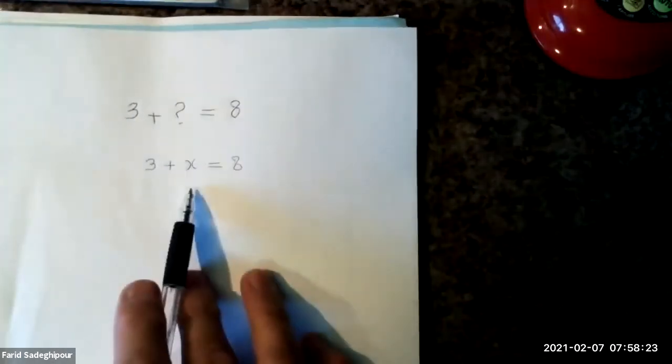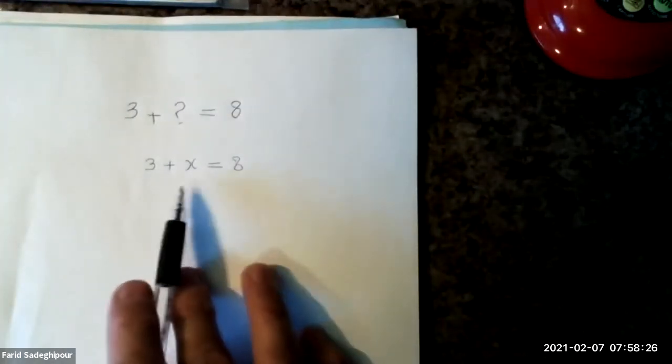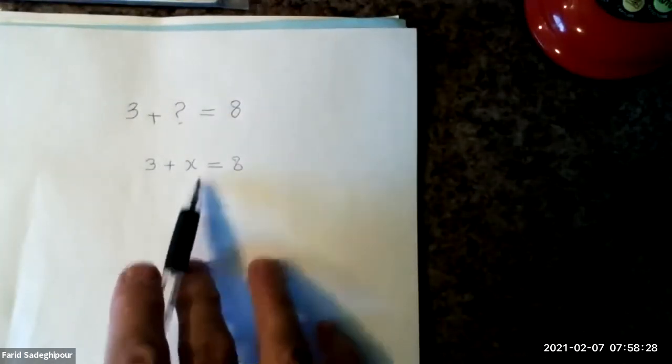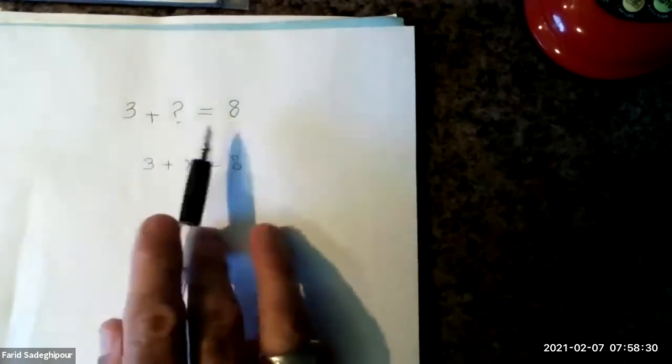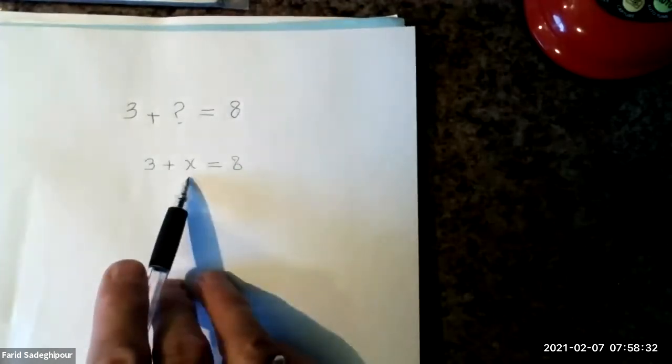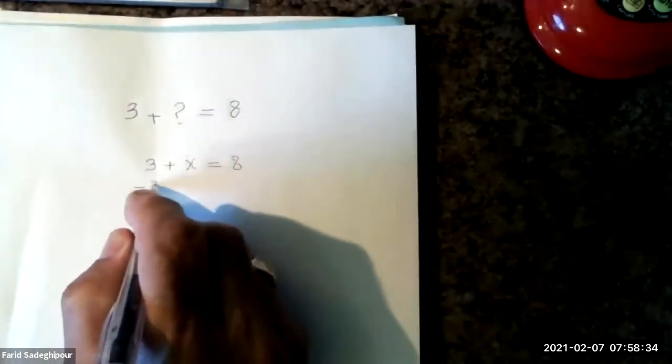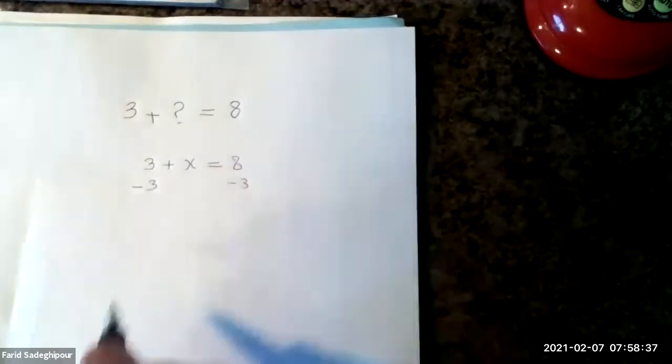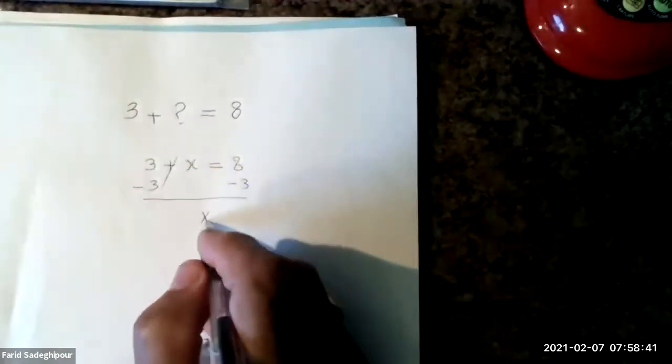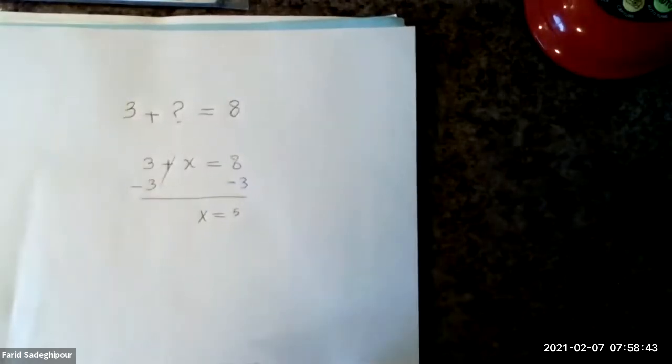So how do I solve this equation for X, or how do I find the X? In our head, we're subtracting 3. So to isolate the X, you're subtracting 3 on both sides, and then that would give you the value of X.